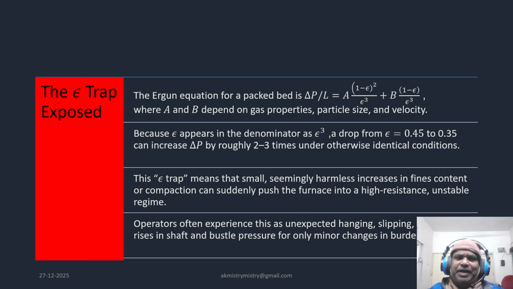This is the epsilon trap. To the eye, the bed looks almost the same, but aerodynamically, the furnace has moved into a very high resistance state. Operators can see a sudden rise in shaft pressure, poor gas distribution, and increased risk of hanging and slipping for what looked like a small change in burden condition. The lesson is that small decreases in void space are not small in their impact.